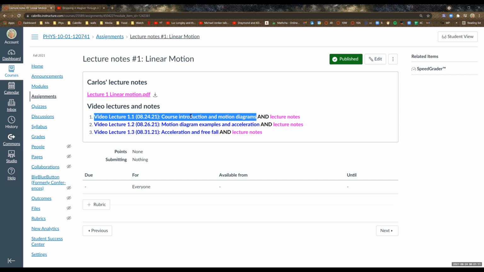Anything that I write down on my tablet, I'm going to attach the notes right here, so that way you'll have everything about this lecture. Then of course, on Thursday, I will repeat the same process, and then throughout the semester.